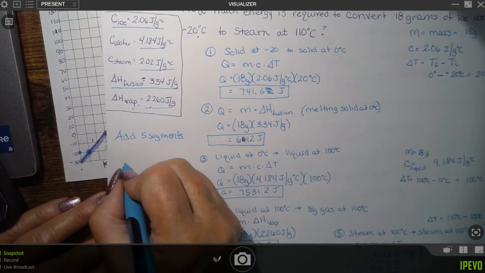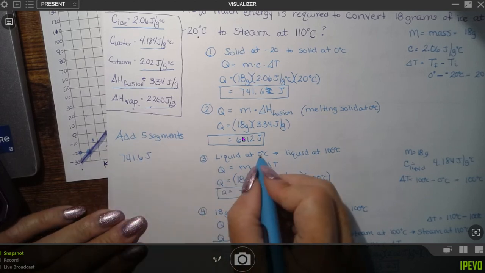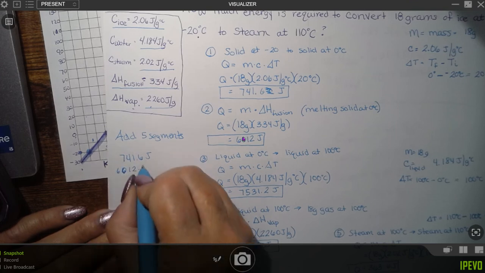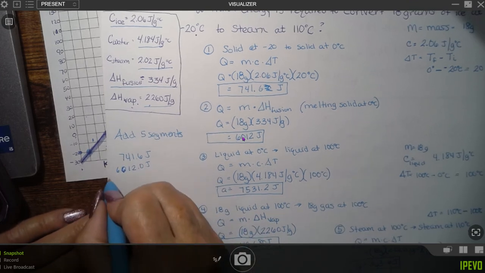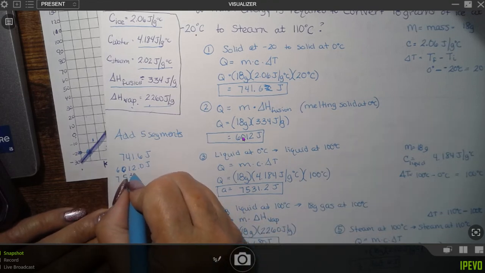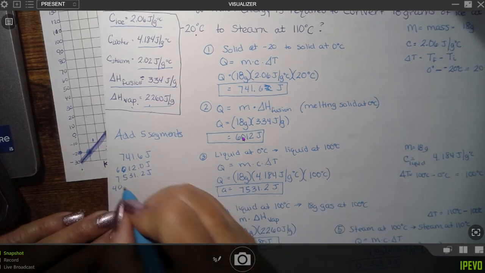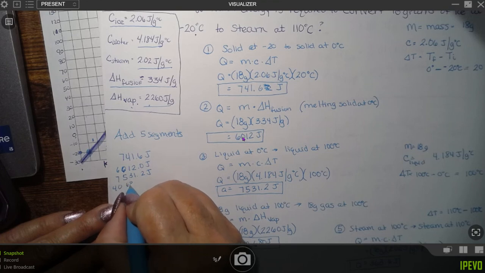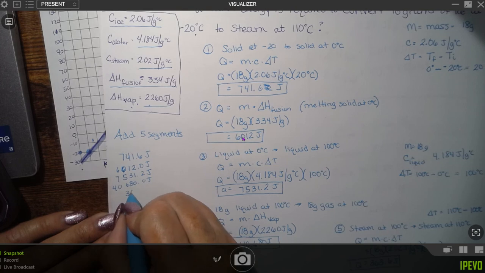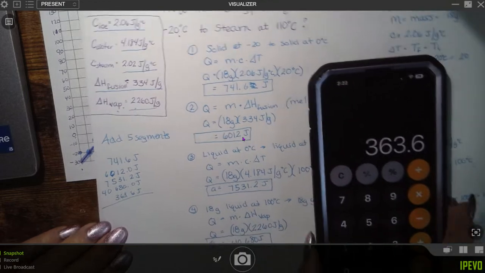So I've got 741.6 joules plus 6,012 joules plus 7,531.2 joules plus 40,680 plus 363.6 joules. I'm going to add all of those together.